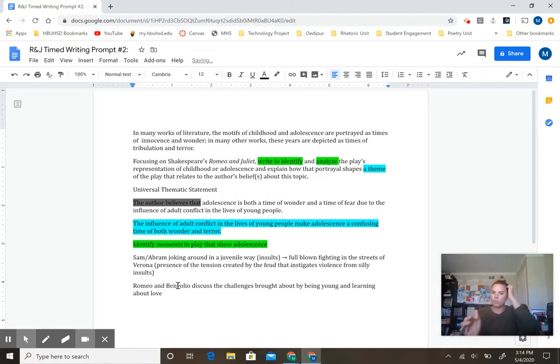This is a tender moment between them, right? It shows there's wittiness between them, it shows tenderness, it shows that Benvolio cares about Romeo and wants him to move forward. In this way, this moment is a great example between two young people of how adolescence can be a really important time for young people to learn from each other, without the outside influence of adults.